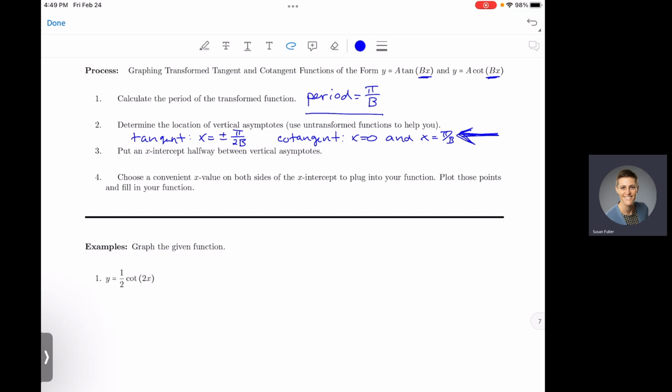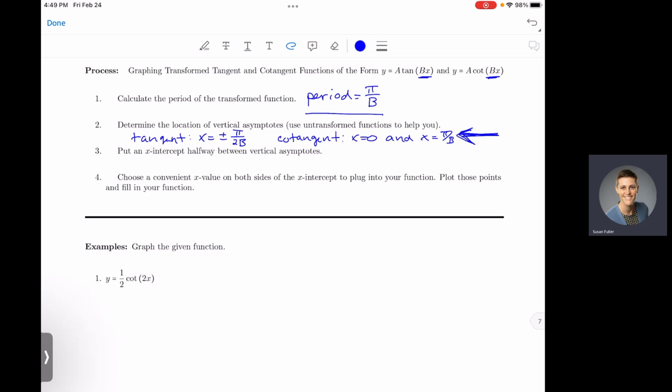And then once you calculate the period, you're going to calculate the location and graph your vertical asymptotes. So for tangent, you're going to go right and left half your period from 0, and that's where your asymptotes will be. That's going to be positive pi over 2b and negative pi over 2b, just positive and negative half your period.